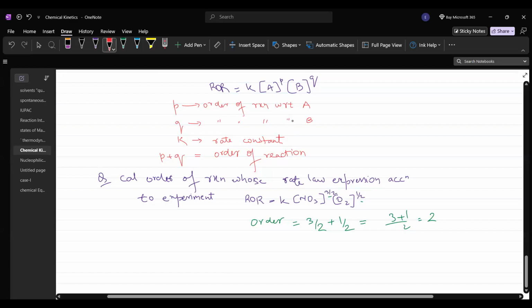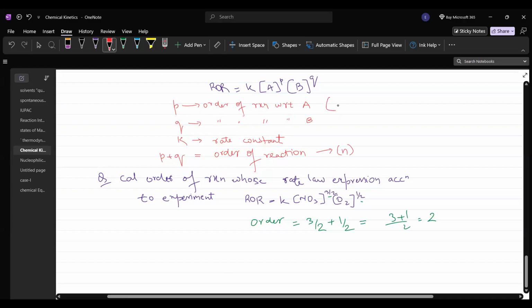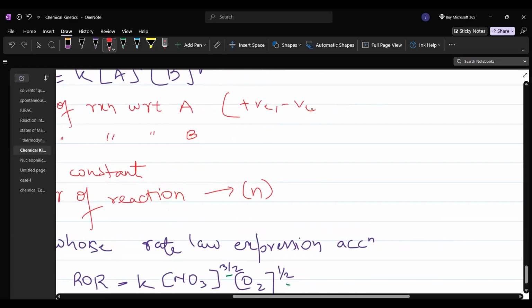So this order of reaction is denoted by n, okay? And please remember that the order of reaction with respect to A or B, or the overall order, can be positive, negative, a fraction, or zero.